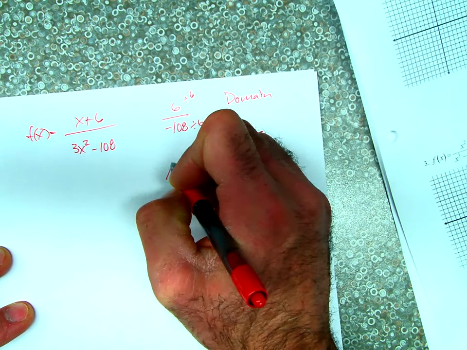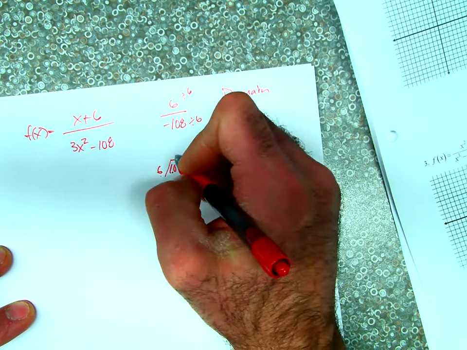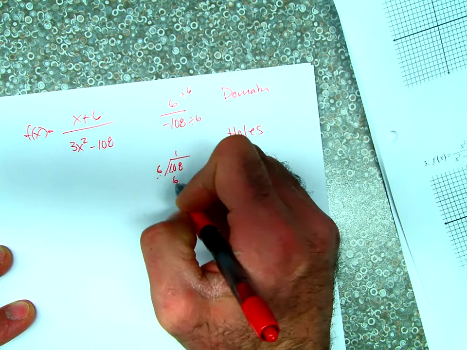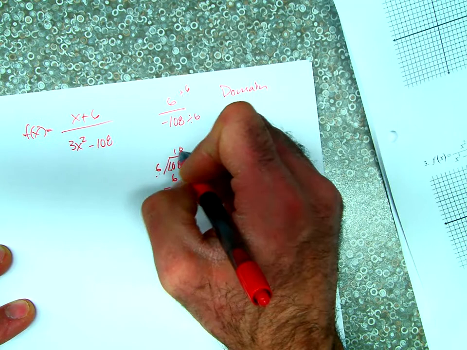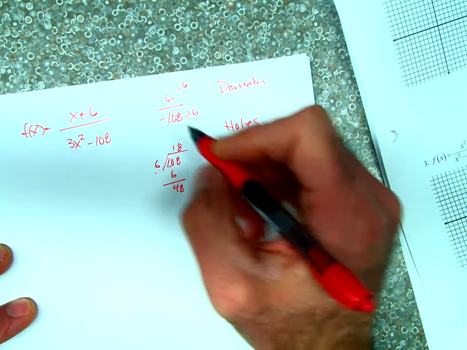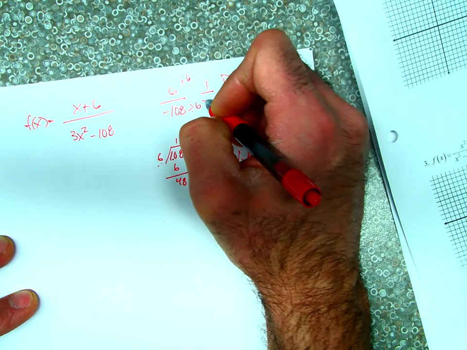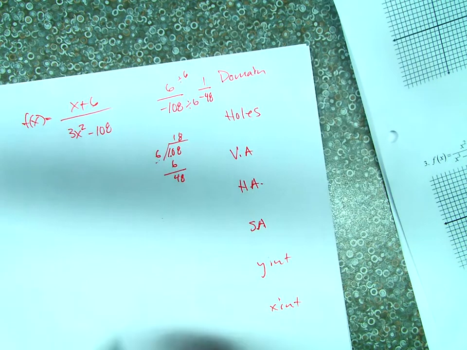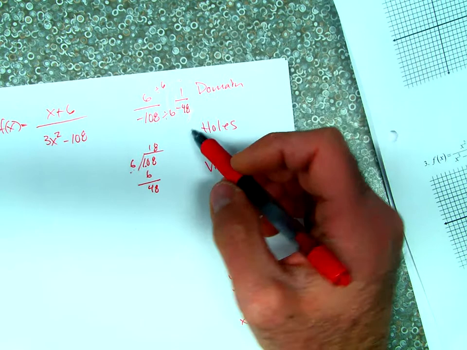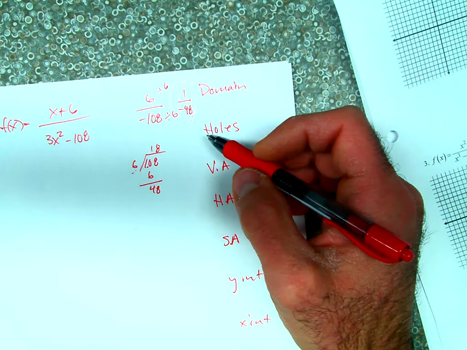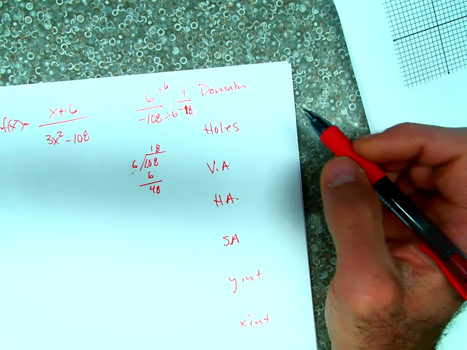Remember, there's no calculators. 6 into 10 is 1. 6, 48, right? 8. Right? 6 times 8 is 48. So this is 1 over negative 48. Oh, it's negative 18, not negative 48. Thank you. What is this?